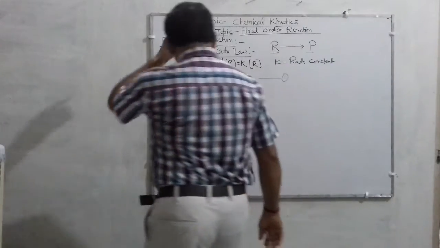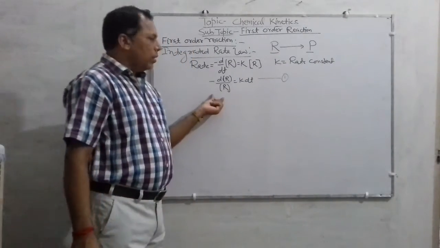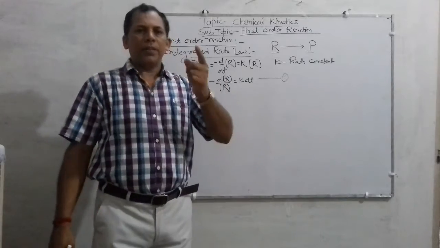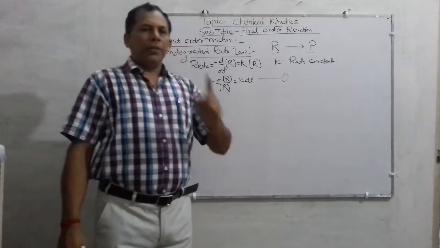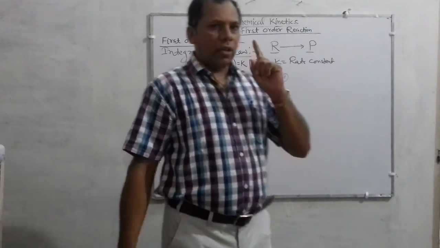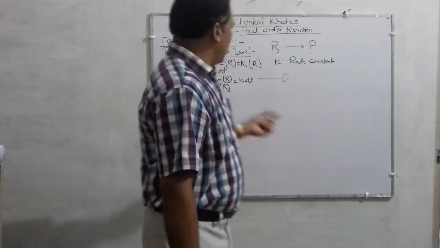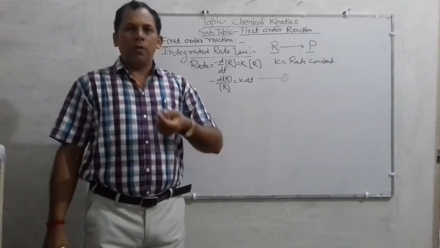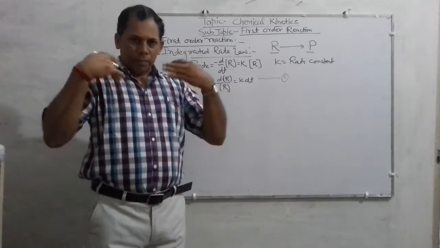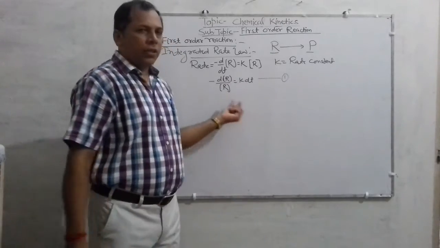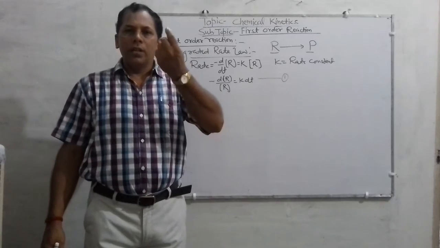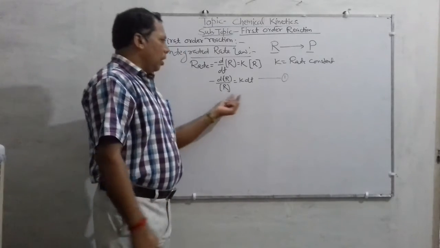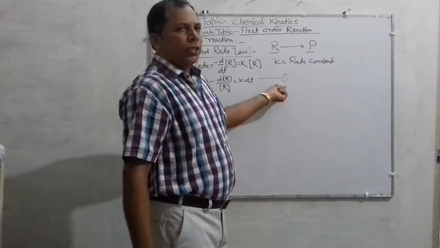Now, as I discussed in the previous lecture during the derivation of the integrated rate law for the zero order reaction, we have to follow a mathematical operation known as integration. So integrate equation 1.